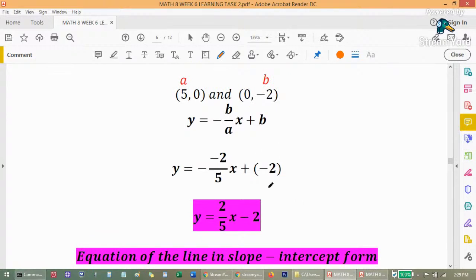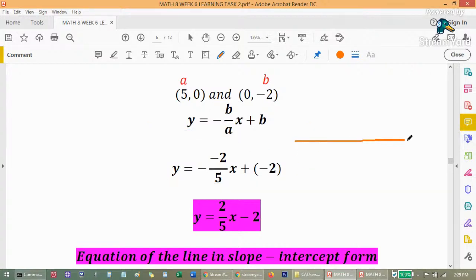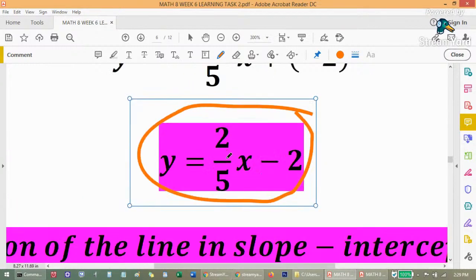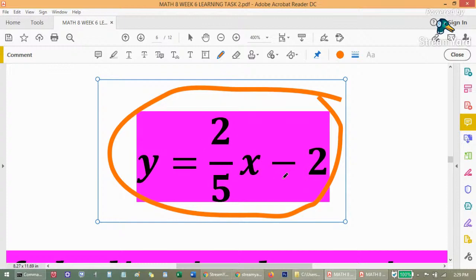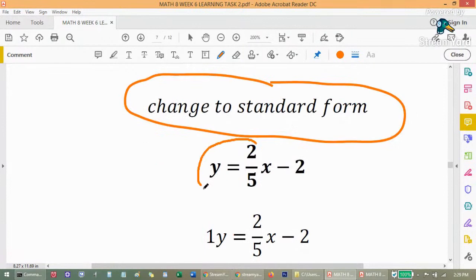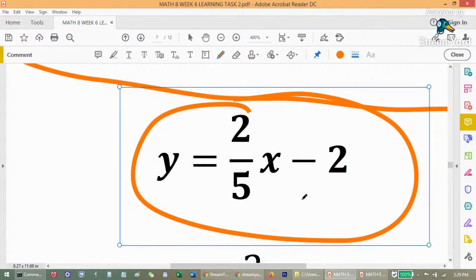So, since wala tayong equation na single na walang fraction, lahat ay may fraction line, no? Ito ang gagamitin natin. Kukopyahin natin tong y is equals to 2/5 x minus 2. Yan, kukopyahin natin. Y is equals to 2/5 x minus 2.